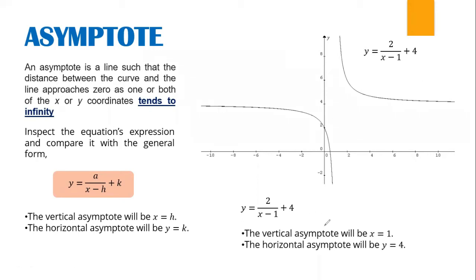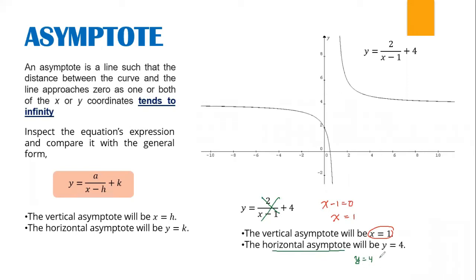For the vertical asymptote, x minus 1 equals 0, so we find x equals 1. That's why the vertical asymptote is x equals 1. For the horizontal asymptote, take the form y equals 2 over x minus 1 plus 4 and cancel the fraction. We get y equals 4. So we call this the horizontal asymptote.